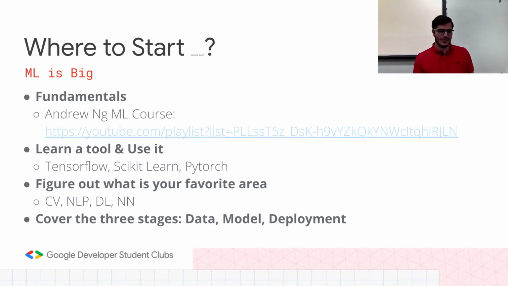Once you have the fundamentals and you know a tool, it's time to figure out what you actually want to do in ML. There's a couple areas in ML. There's computer vision, which is working with images. There's NLP, which is natural language processing, and this works with text. If you ever heard of GPT-3, that's text-based.